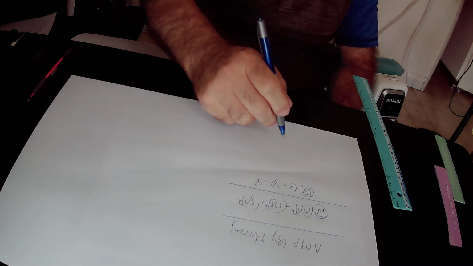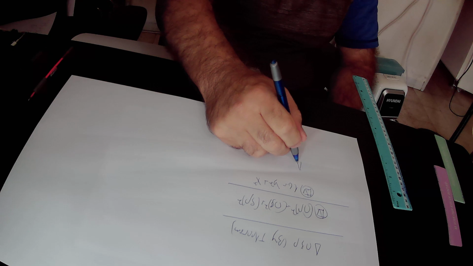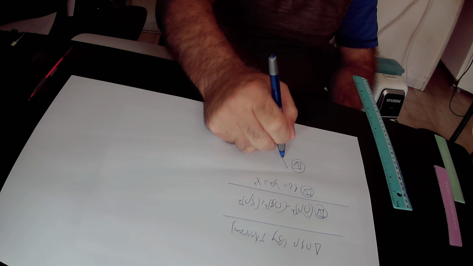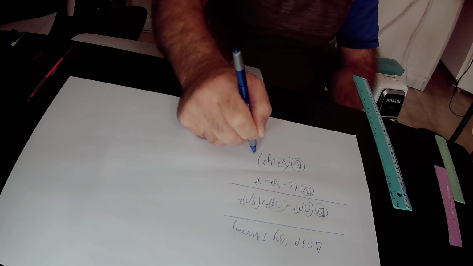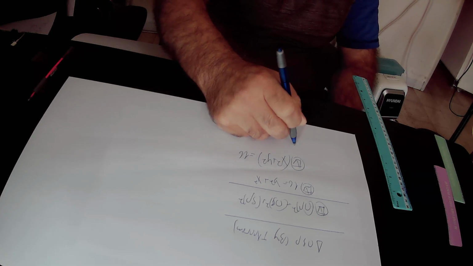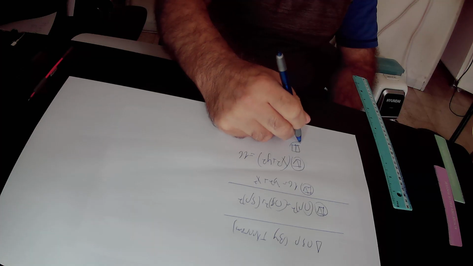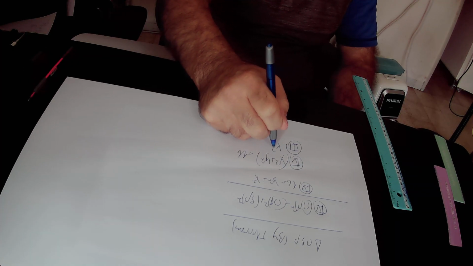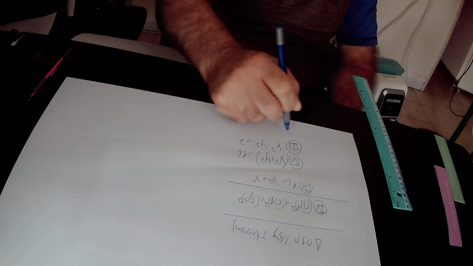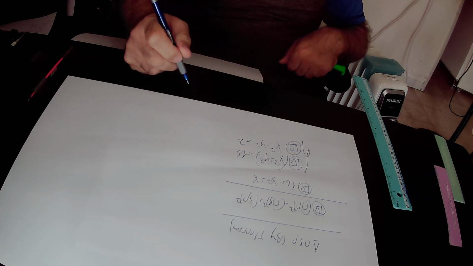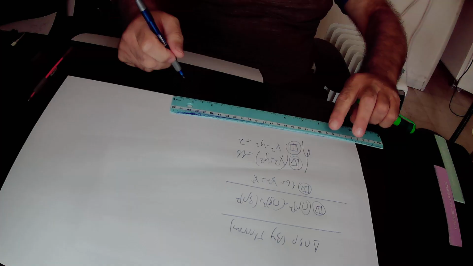According to equation 4, x squared plus y squared equals 16. According to equation 3, we already found out that x squared minus y squared equals 2. We have two equations, 4 and 3.